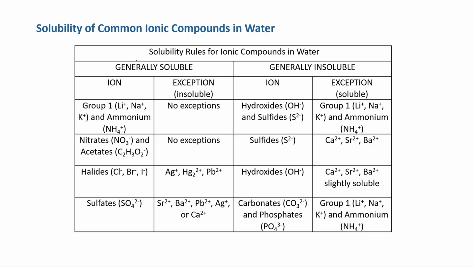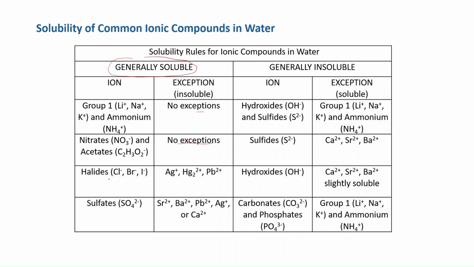But basically, I say generally because there can be exceptions, but in general when you have group 1 ions, lithium, sodium, potassium, ammonium, they tend to be soluble with no exceptions. They're never insoluble. Nitrates and acetates, they're always soluble because there are no exceptions.